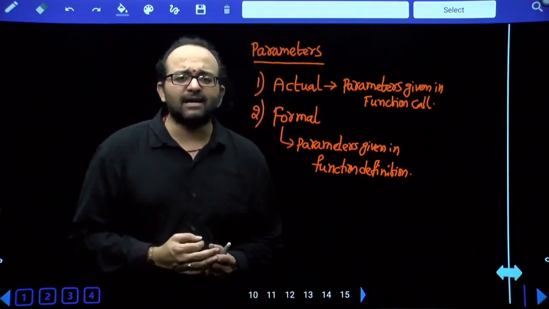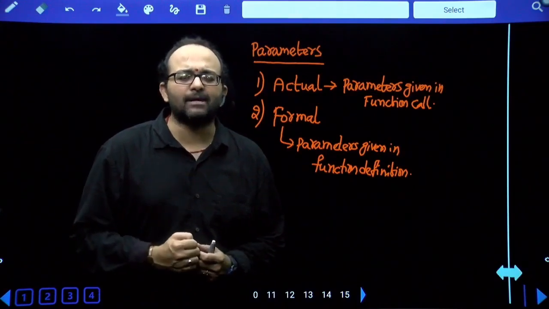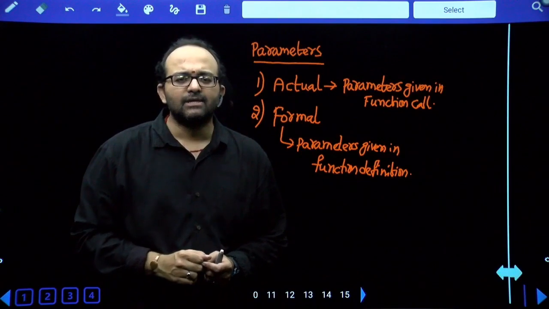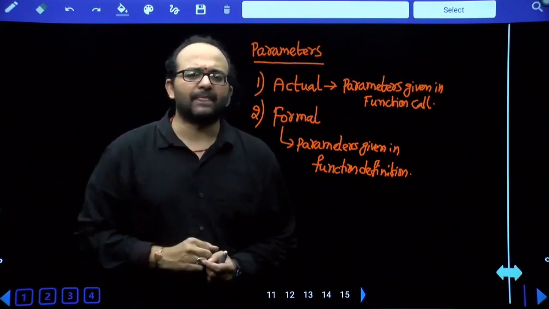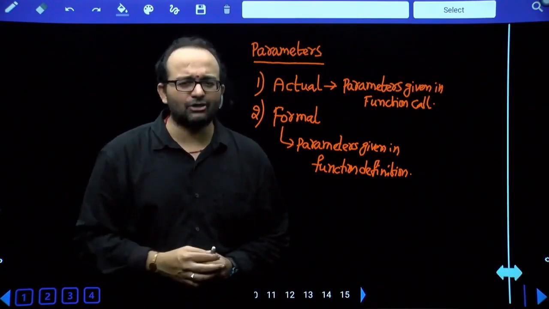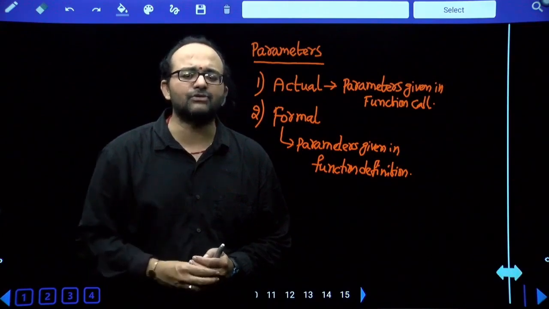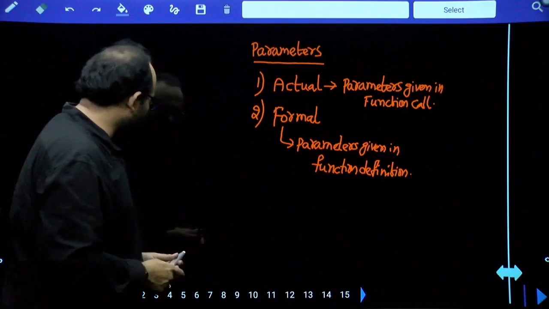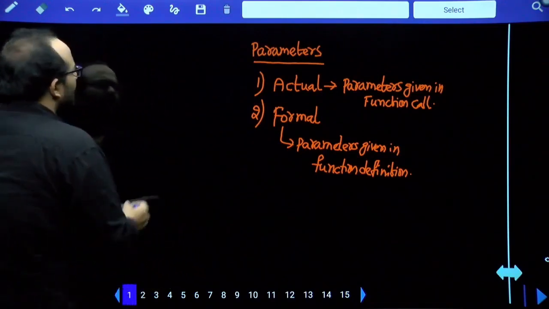The third one is the variables used for the actual parameter and formal parameter may or may not be the same. So these are the three rules we need to consider when working with actual parameters and formal parameters. Let me explain clearly.